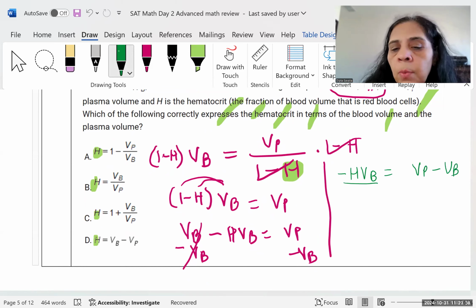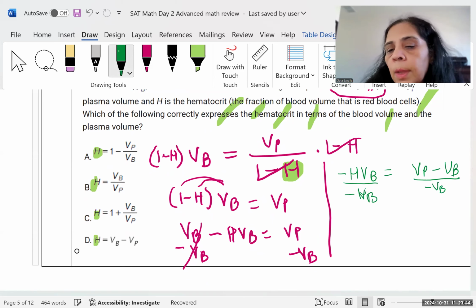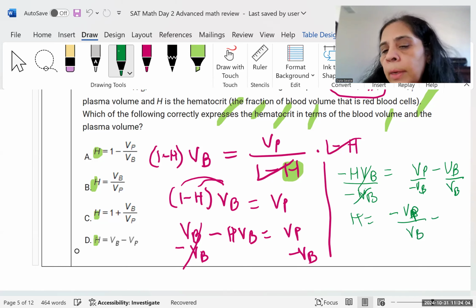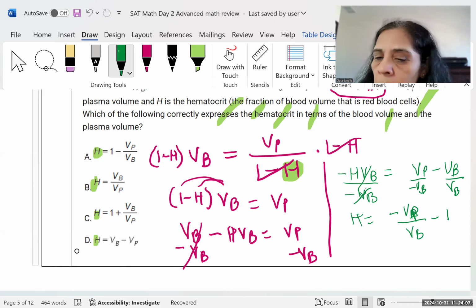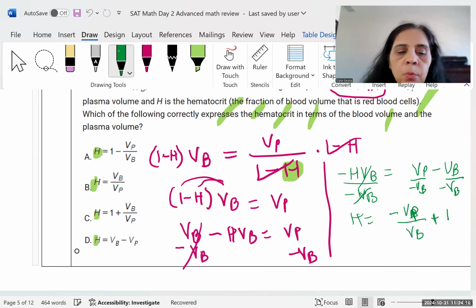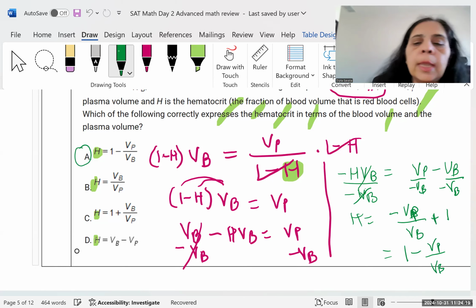Now we can divide by negative VB. Right? So we can see we have h left over equal to negative, sorry, VP over VB minus 1, negative, positive, so positive 1. So we can just flip this: 1 minus VP over VB, which is answer choice A.